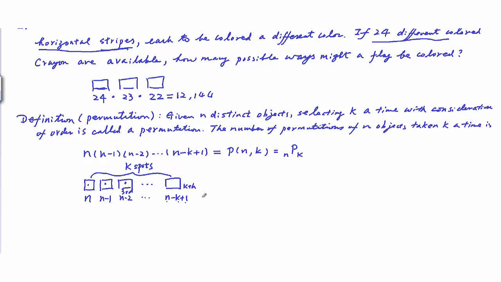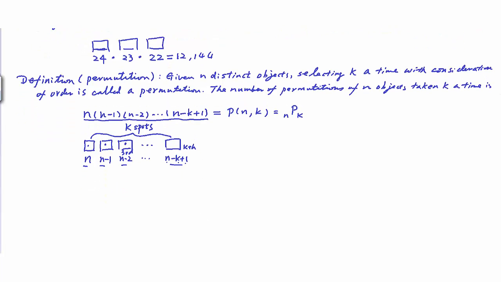Therefore, by the fundamental principle of counting, you multiply these, and that is how many ways we can fill out k spots. So this is called a permutation, and that's the formula to calculate how many permutations we will have.